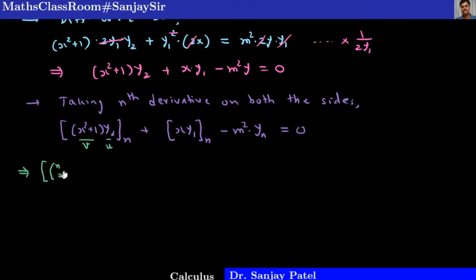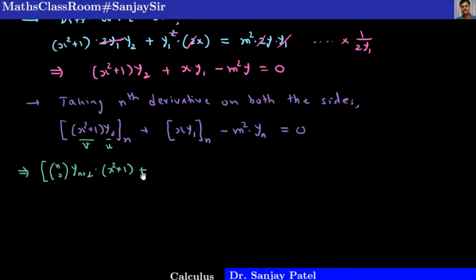nc0, the first term, into nth derivative of u, that is nth derivative of y2, which is yn plus 2, into the function v as it is, that is x square plus 1 as it is.